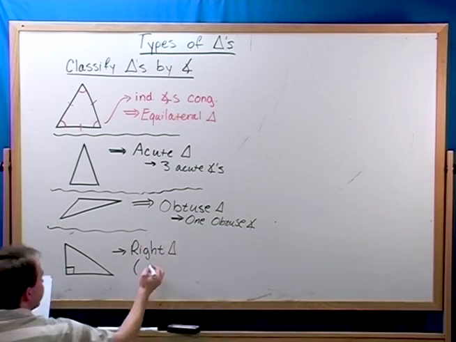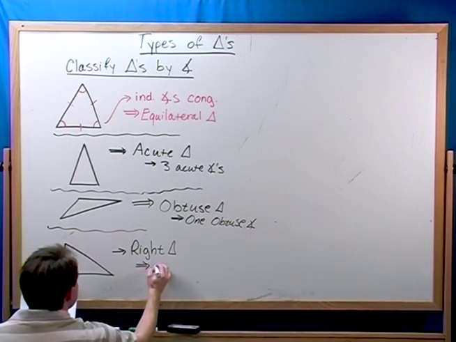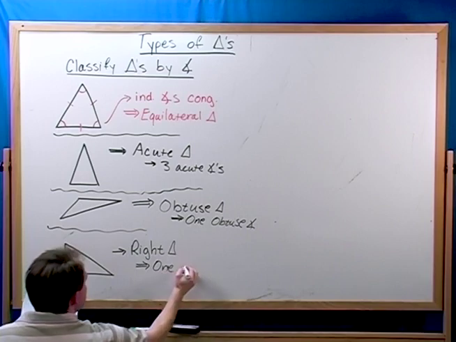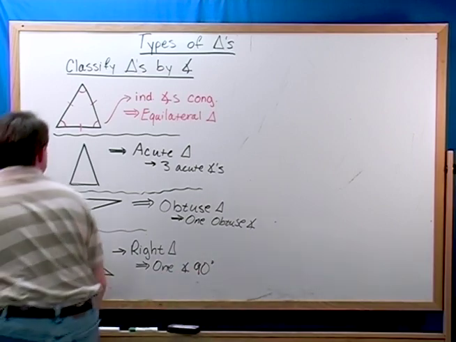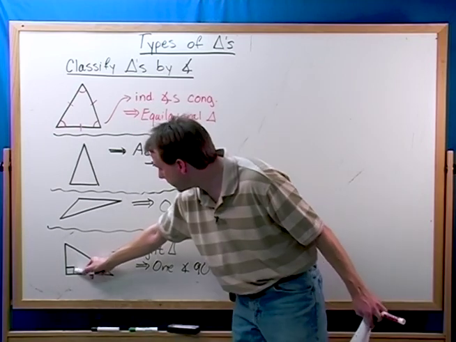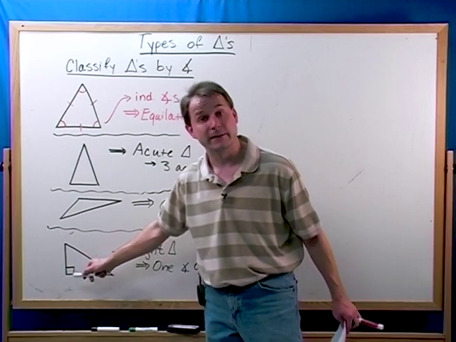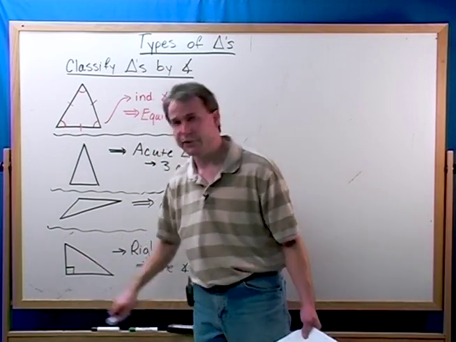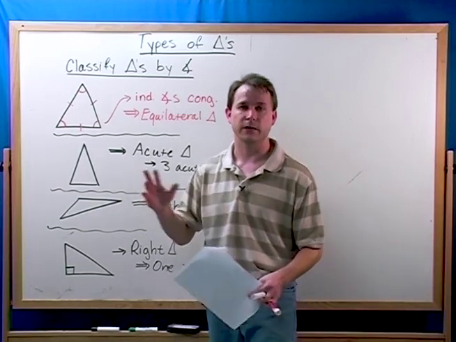And the way you figure that out is you have one angle that's 90 degrees. That's exactly what that means. And this little square here, to show at this angle symbol right here, this means by definition that this angle is 90 degrees. So right triangles are actually very, very important. I can't overstress it enough.